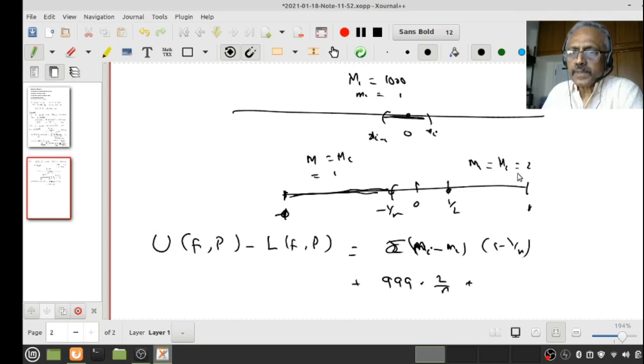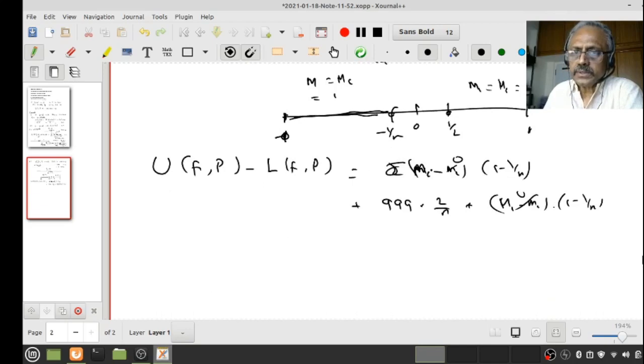And plus, here again for the same reason, capital Mi minus small mi times 1 minus 1 by n, but this is 0, this is 0. Have you understood? Call it Pn if you want, right? Therefore this is 999 times 2, therefore 1998 by n. I hope I wrote it correctly.